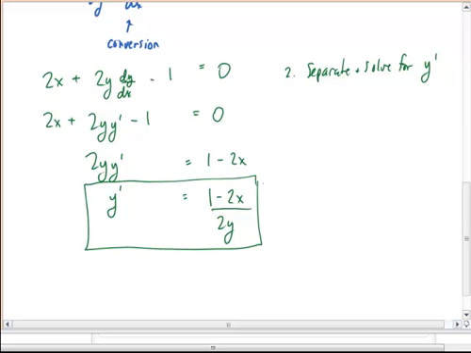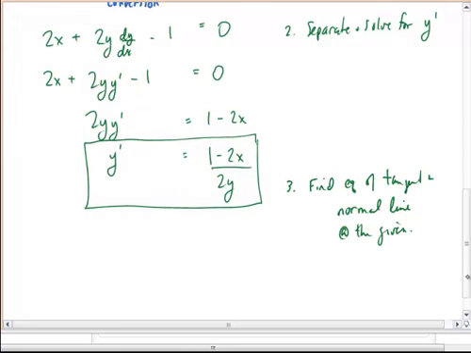Now, the problem earlier said to find the equation of the tangent line at the given point.